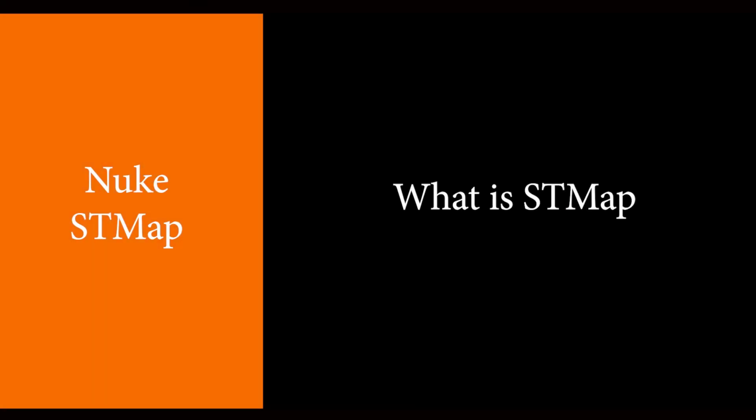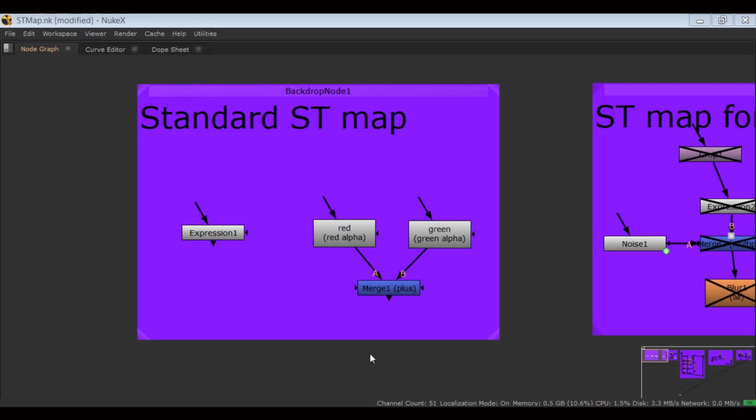STMap is an image where every pixel has a unique red and green color value that corresponds to X and Y coordinates in screen space. The STMap node allows you to move pixels around in an image. For example, you can calculate the lens distortion on one image and apply that distortion to another image using the STMap node.